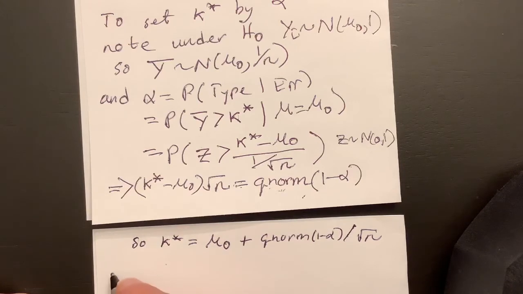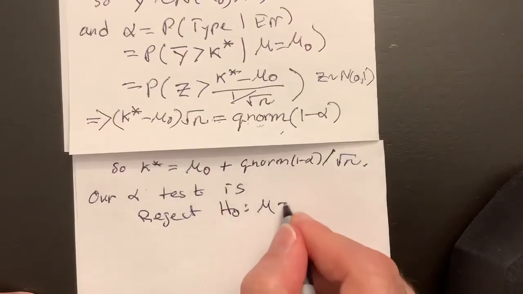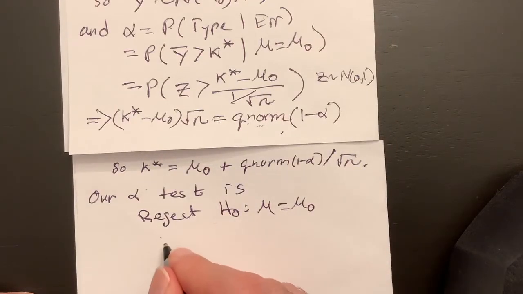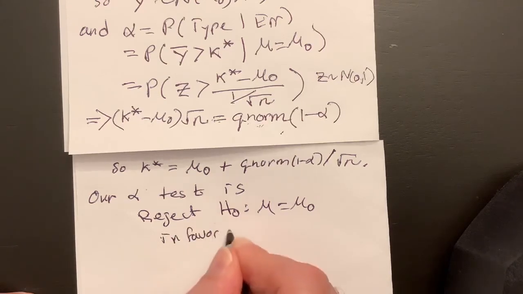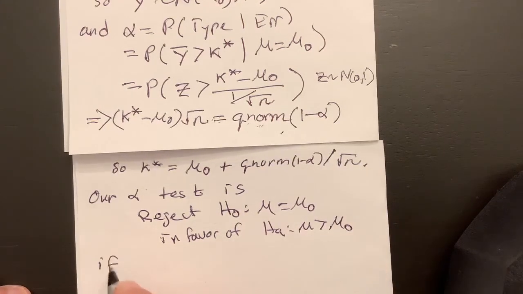Okay, to summarize, our alpha test has rejection region: reject H0, mu equals mu 0, in favor of HA, mu greater than mu 0, if y bar is greater than k star, mu 0 plus q norm 1 minus alpha over the square root of n. I'm just summarizing it again.